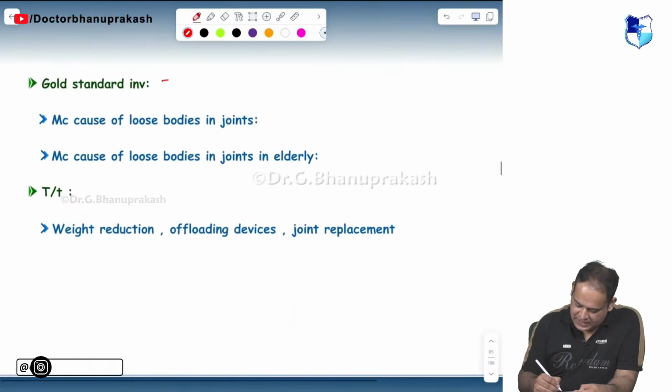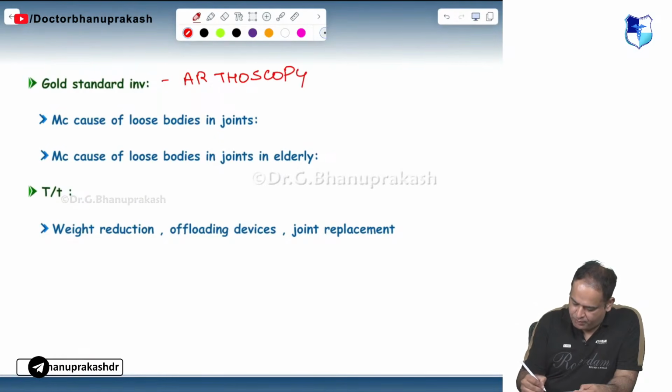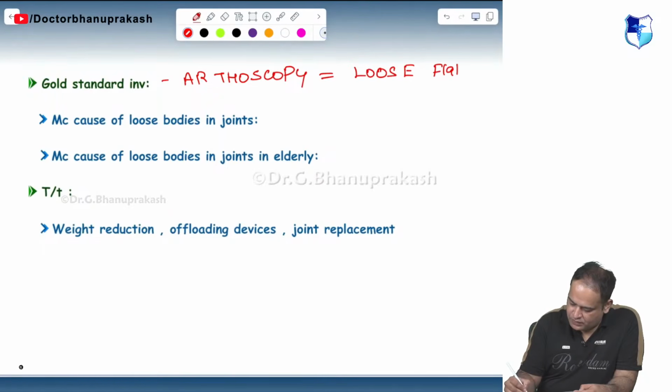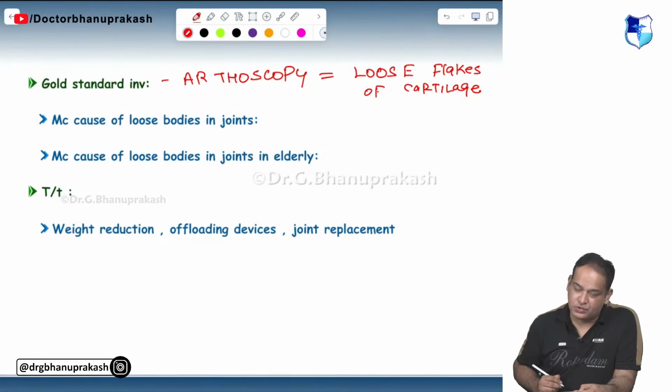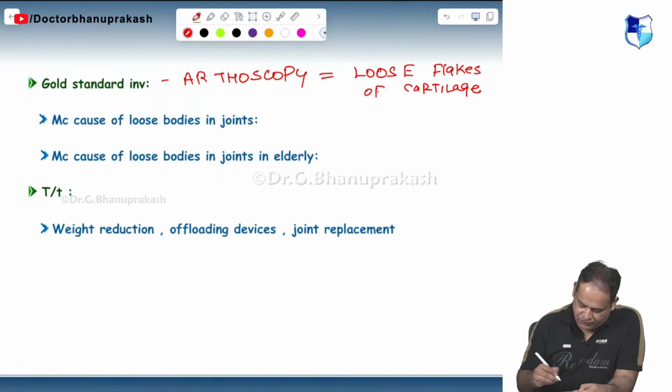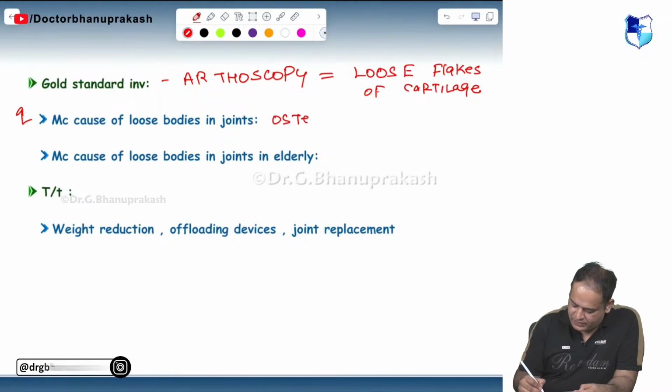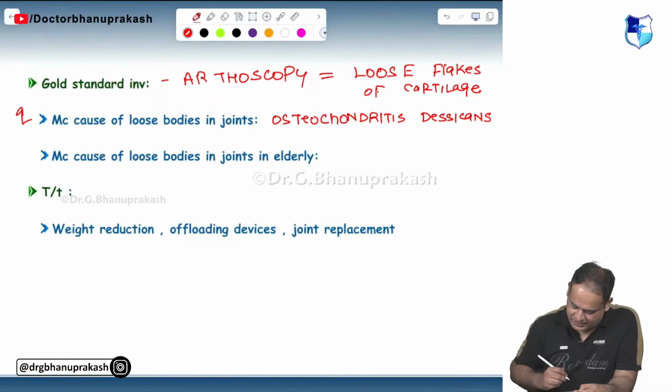Gold standard investigation is arthroscopy, where you get to see loose flakes of cartilage. Now, one-liner questions. Most common cause of loose bodies in the joints: osteochondritis dissecans.